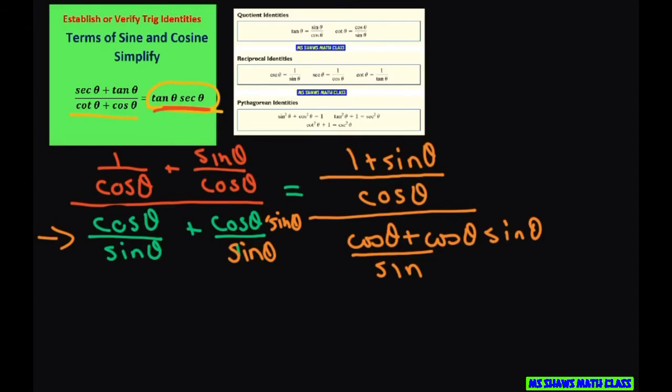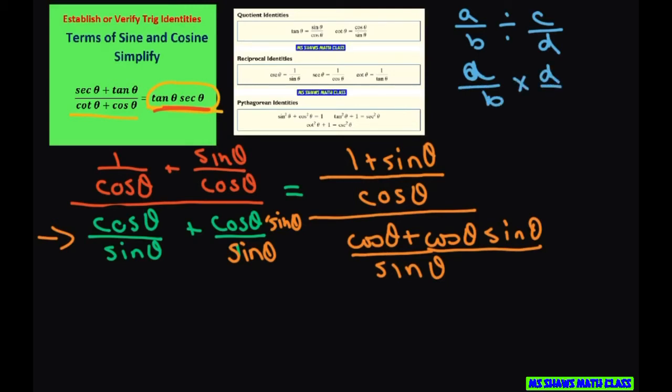All right, now we're going to go ahead and divide this out. And remember, if you have A divided by B, and then you divide this again by C divided by D, that's the same as A divided by B times D divided by C. All right, so let's go ahead and do that.